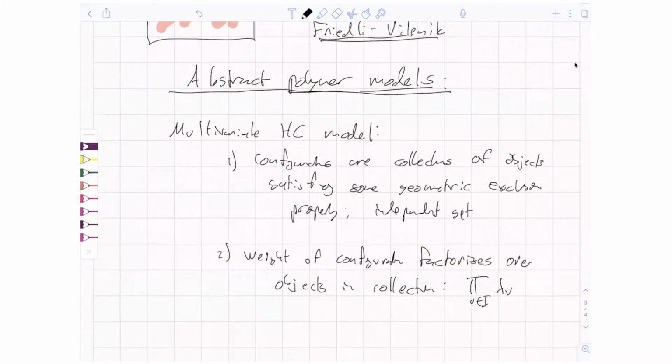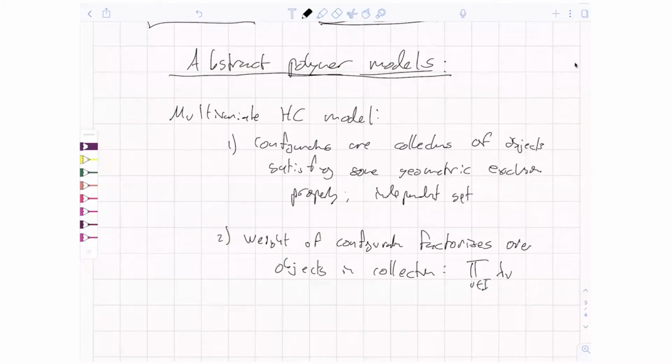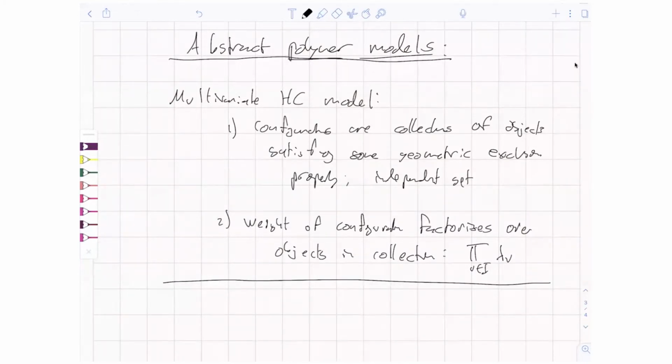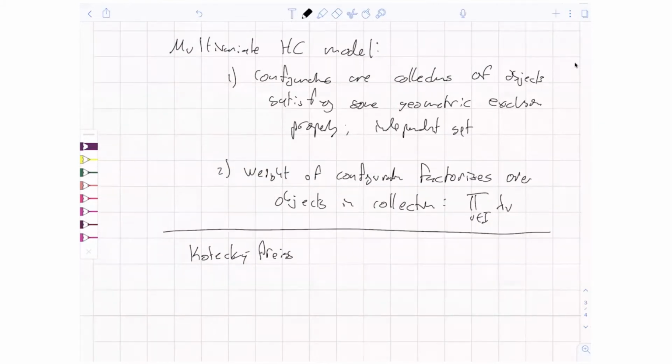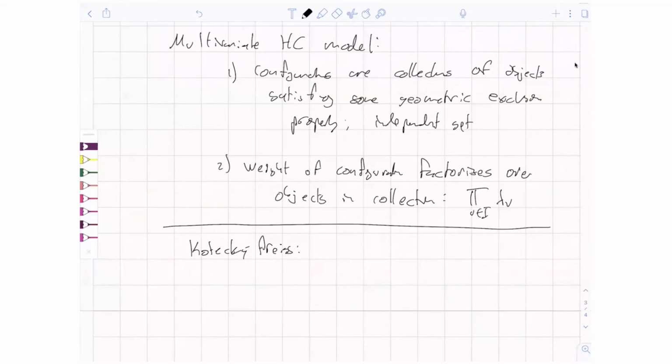And so what we want to do is abstract these two properties. And that's the idea of abstract polymer models. These were introduced in the very abstract sense by Kotecký and Preiss in the same very short paper where they gave their convergence criteria. Somehow they realized that all the ways in which these models had been studied before, you could actually abstract them completely into some very, very general setting. And so here's the idea.